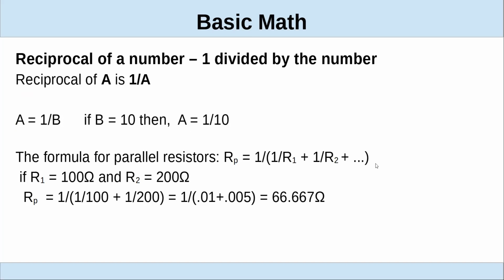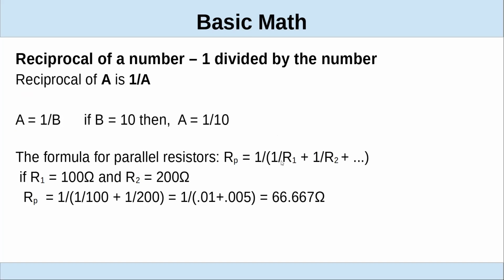We use this in formulas for some parallel and series components where you don't just add them. So in the case of parallel resistors, which we'll talk about later, the formula is the reciprocal of the sum of the reciprocals. It's easier than it sounds.